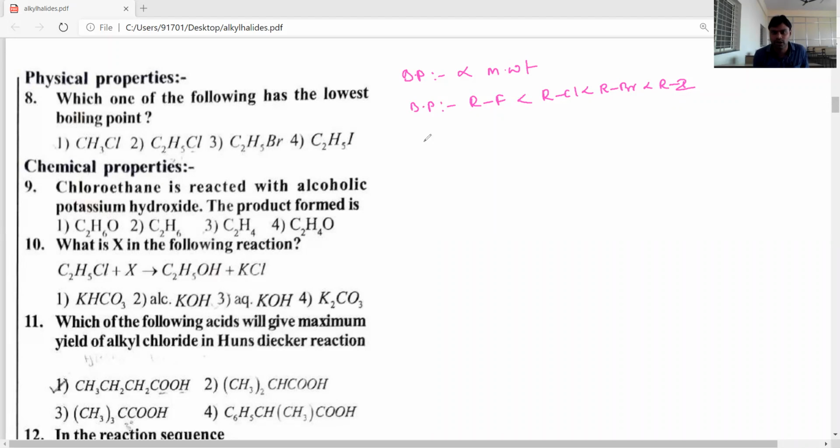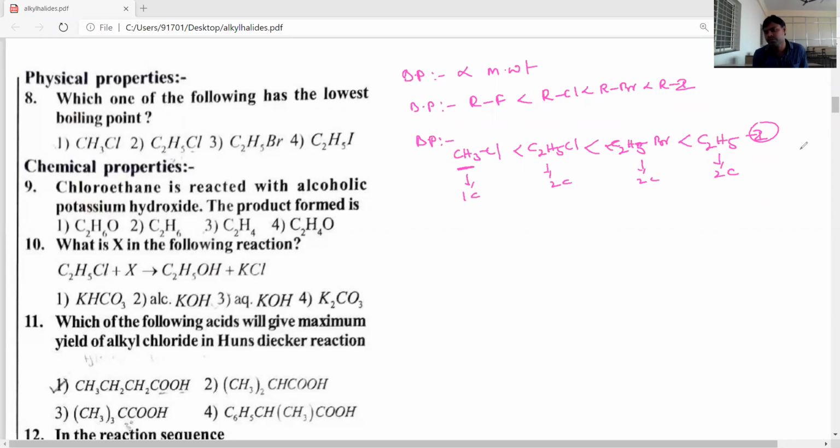So the boiling point order is C2H5I, ethyl iodide, is more than ethyl bromide, C2H5Br, and then ethyl chloride, C2H5Cl, and then chloromethane or methyl chloride, because only one carbon is present, and here two carbons, and here also two carbons, but iodide is present.